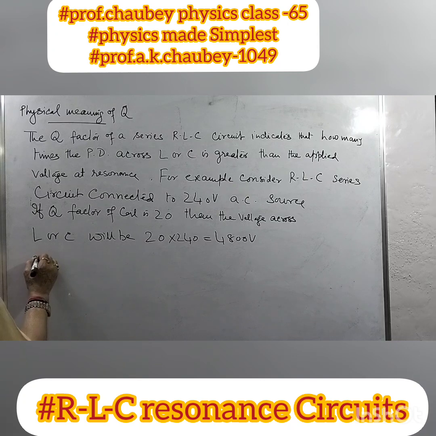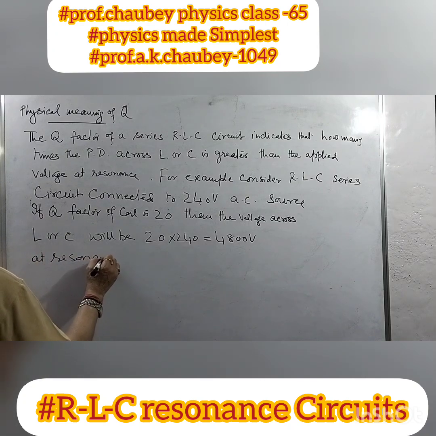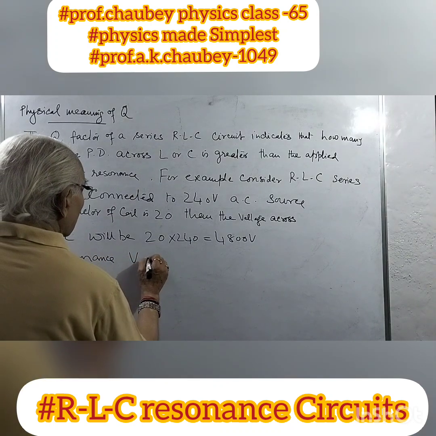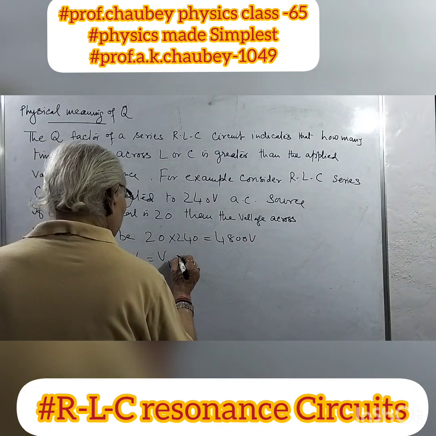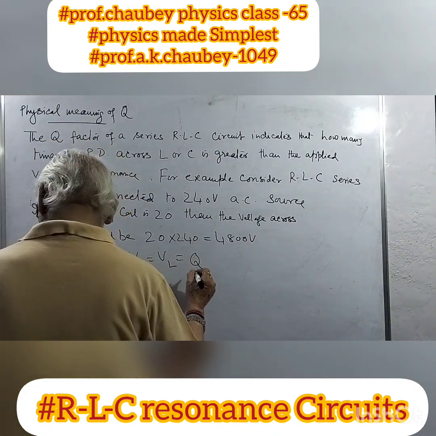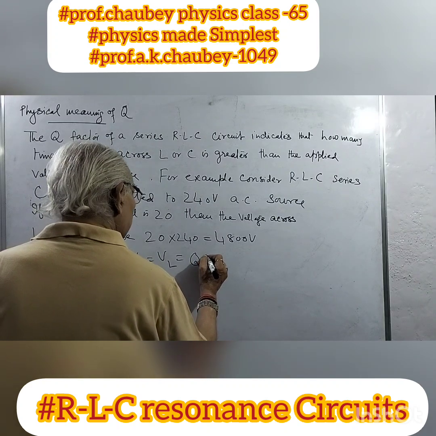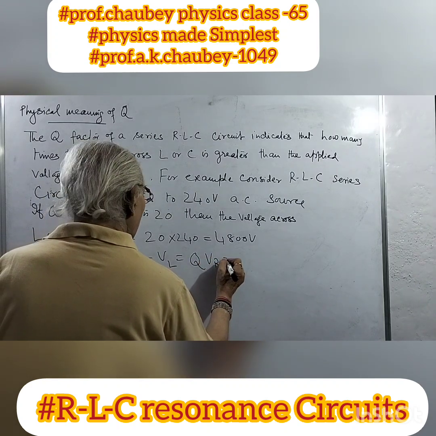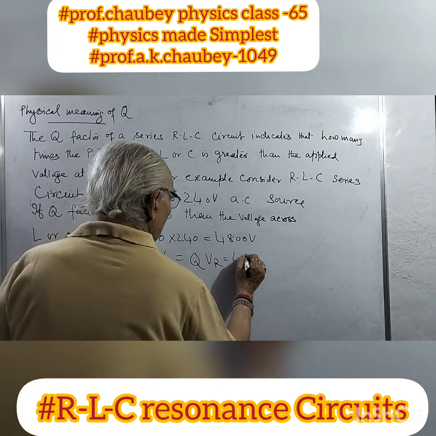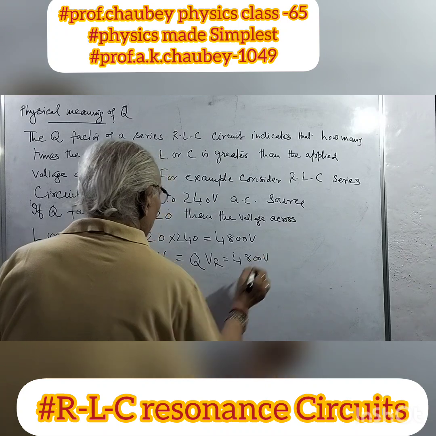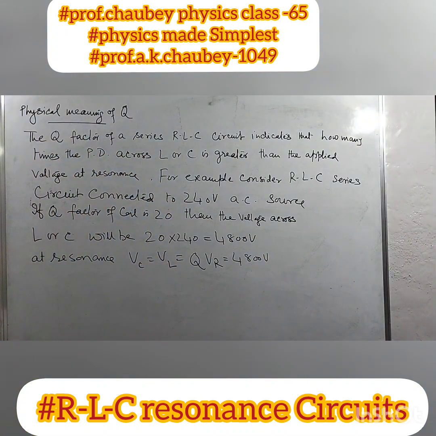At resonance, Vc is equal to Vl is equal to Q times Vr, which is 4,800. So Q into Vr.